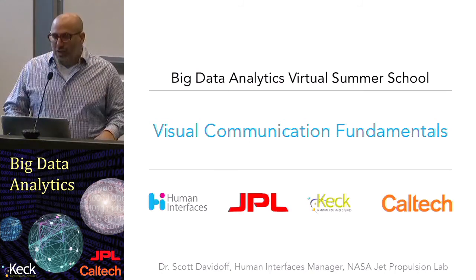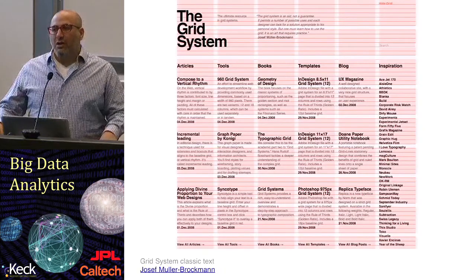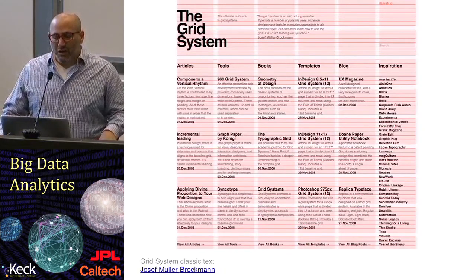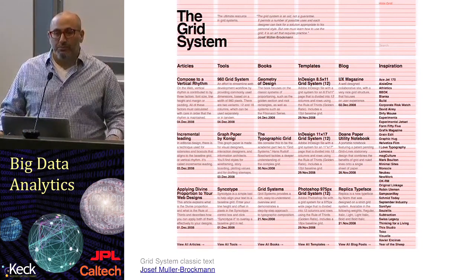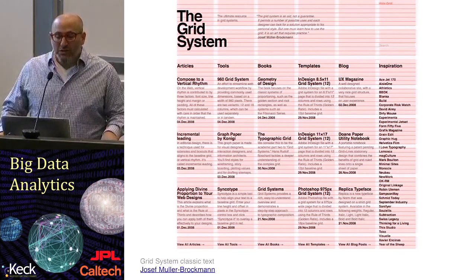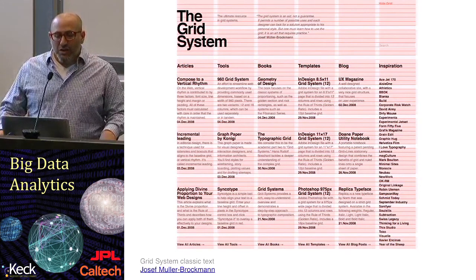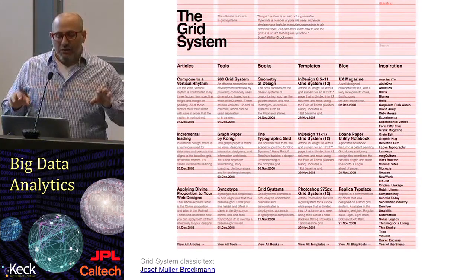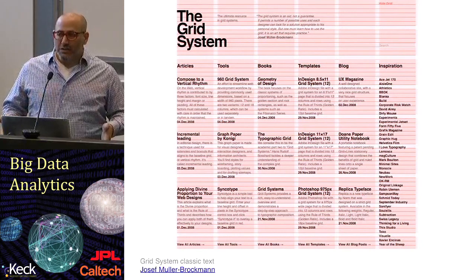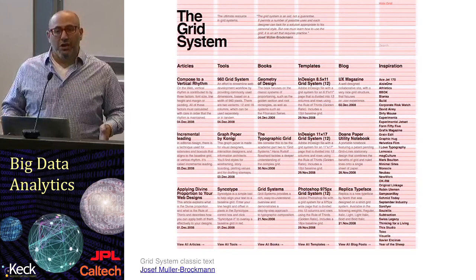So the first, and probably one of the most often overlooked ideas, is the concept of the grid system. This is a page that I've taken from Joseph Müller-Brockmann's extensive book on grid systems. What you can see here is he's laid out the idea of how a grid organizes data when it's presented on a page.